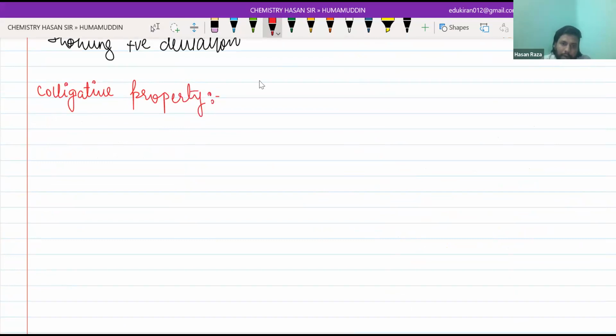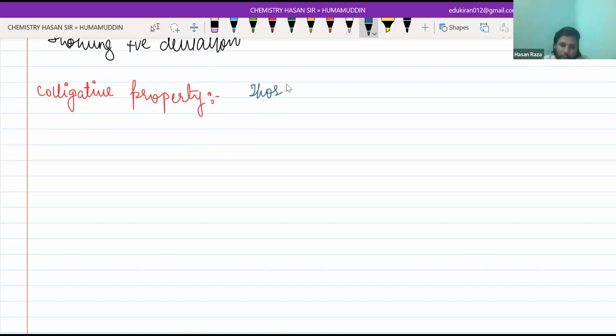What is colligative property? Basically, properties of a dilute solution which depend upon the number of solute particles, and not on the nature of the solute particles, are called colligative properties.